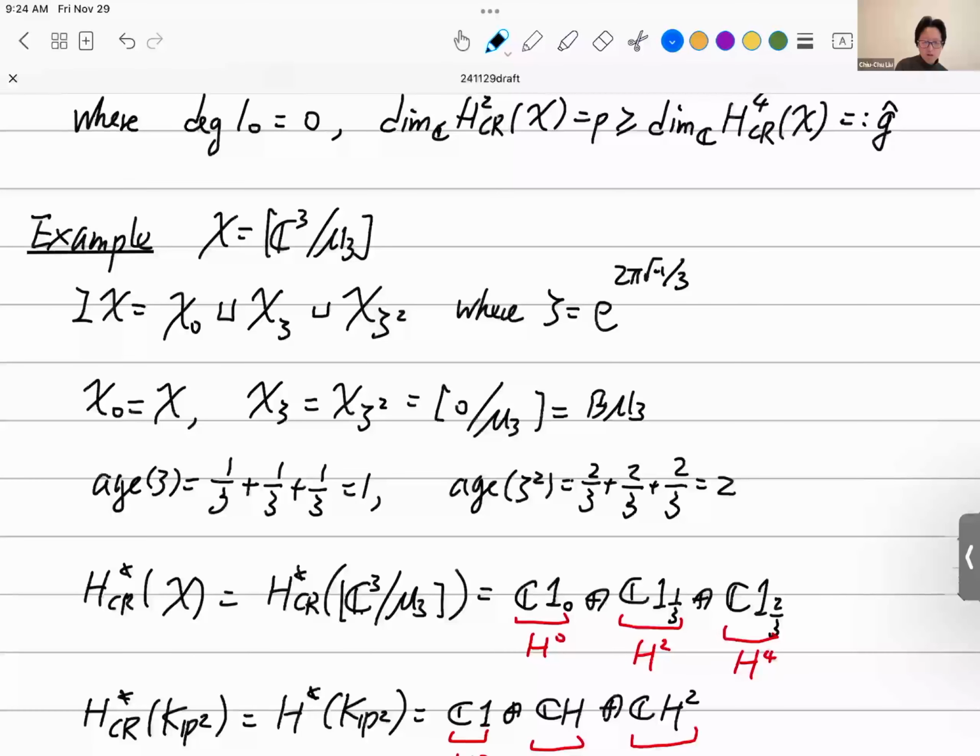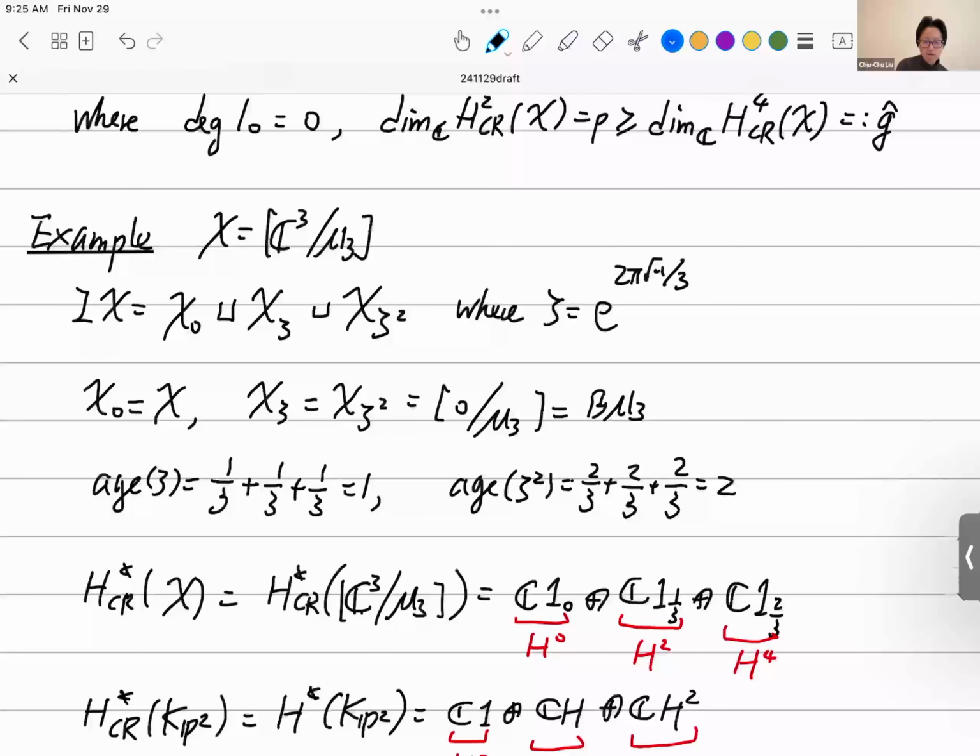Now the inertia stack: you see that mu3 has the identity, which fixes everything, and the other two elements fix the origin. So in this case, capital B is mu3, and the inertia stack consists of 3 connected components. X_0 is X, and the other two components are just the origin quotient by mu3, so it's the classifying space of mu3.